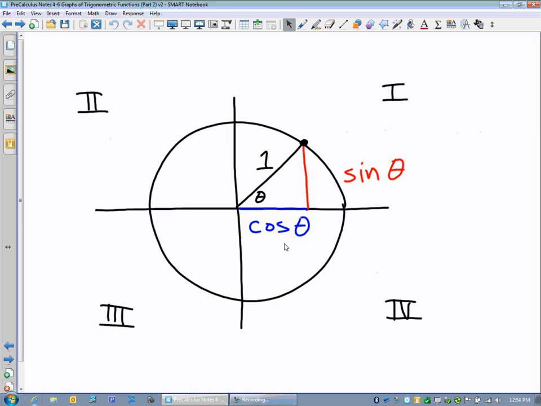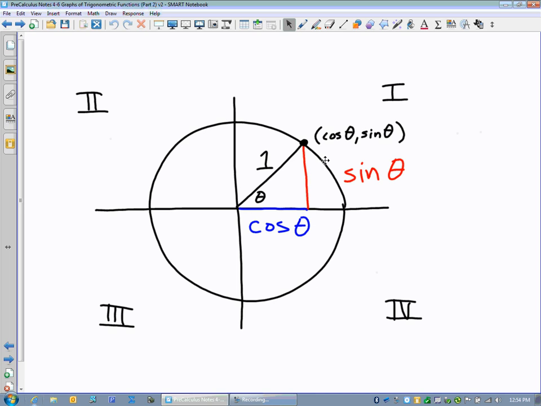So the important thing to realize here is that the terminal point has the coordinates cosine, sine. So if we look at the coordinates of this terminal point, it would be cosine comma sine. So therefore, cosines are x values and sines are y values.